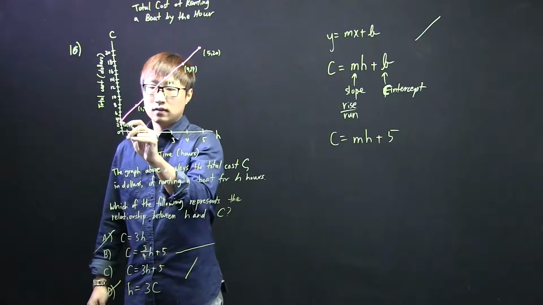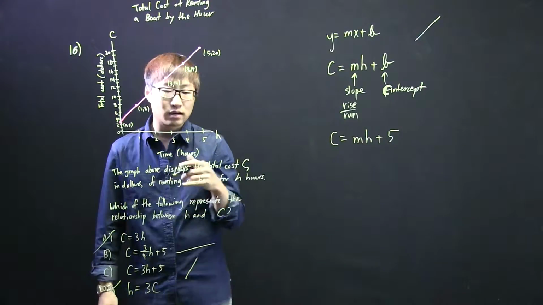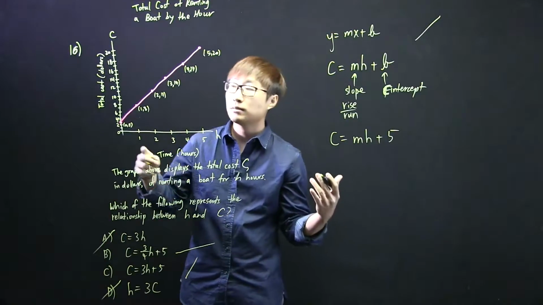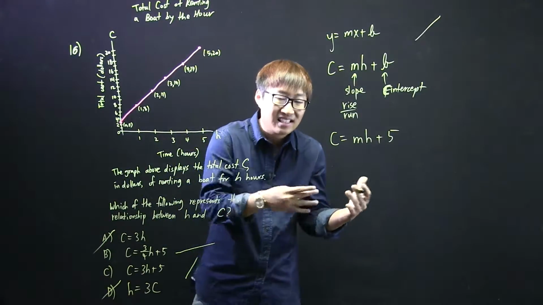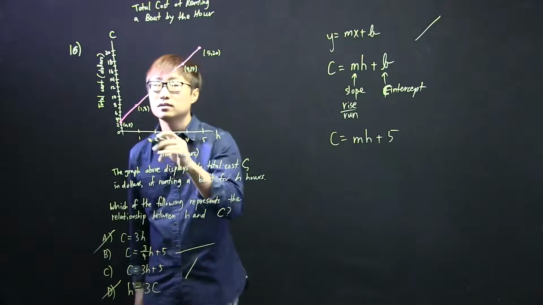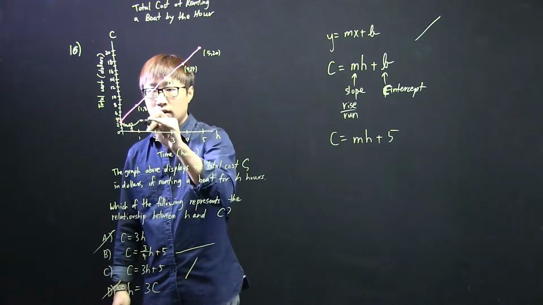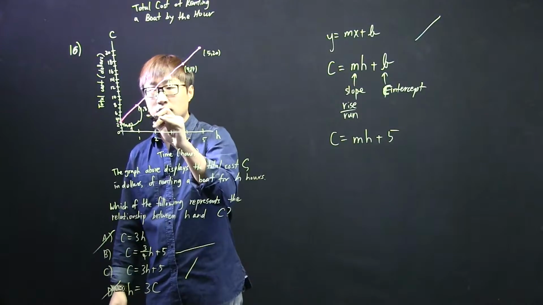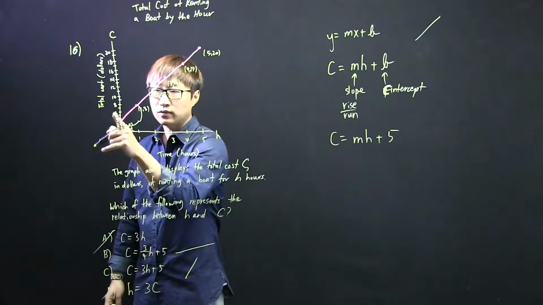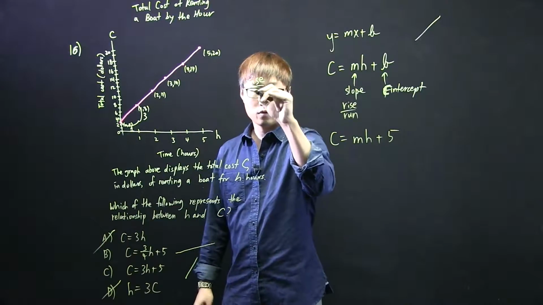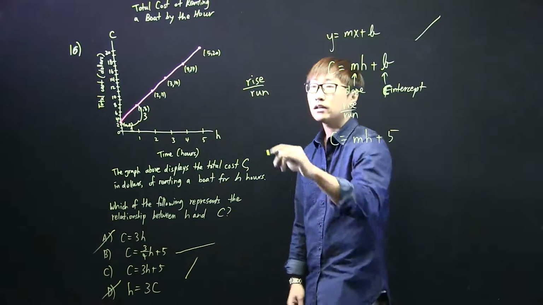So let's take a look. From this point to this point, I'm just going to grab any random point and just do a sample, but I'm just going to pick the first and second point because it's the easiest, right? Smallest numbers. So from here to here, that's a run of 1. And from here to here, that's a rise that went from 5 to 8, so rise is 3. So rise over run, right?